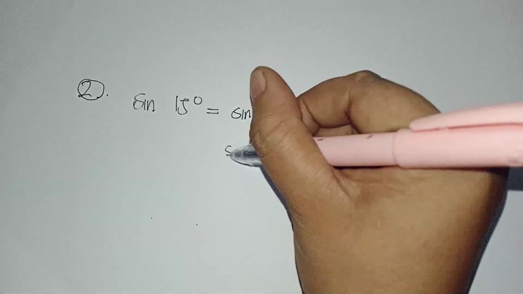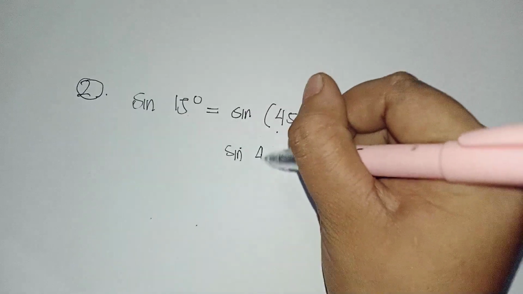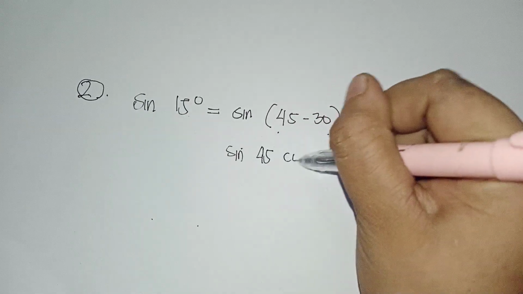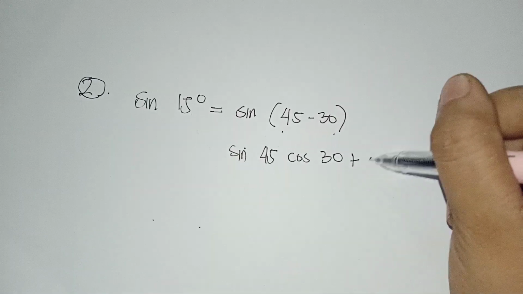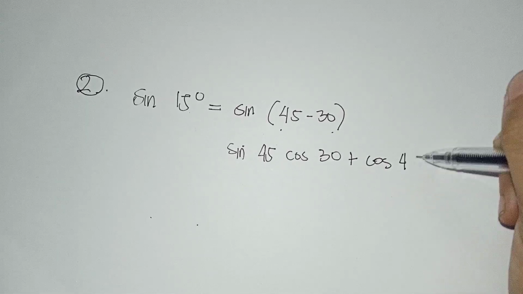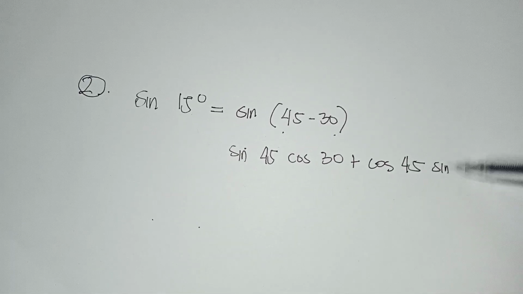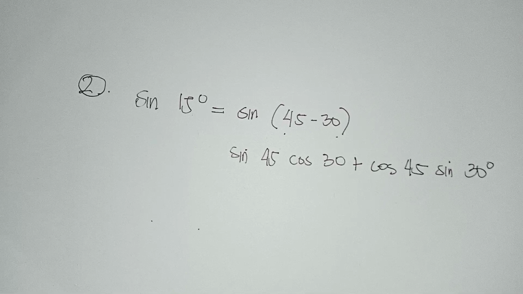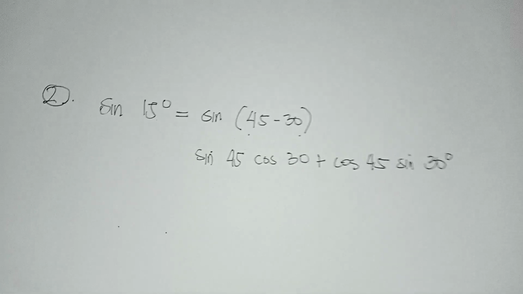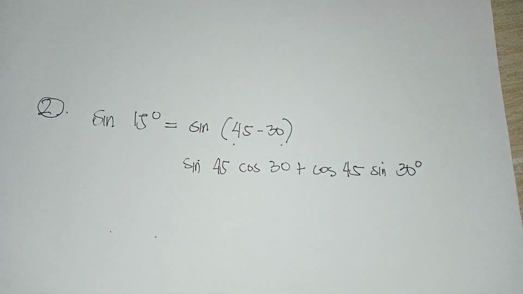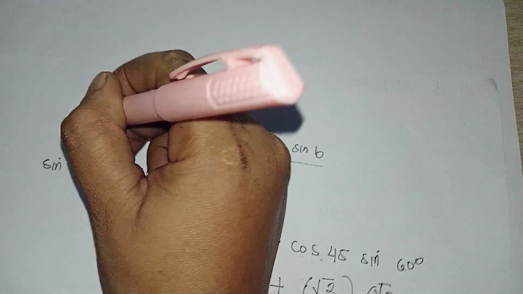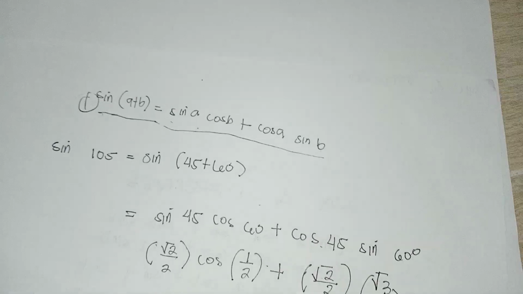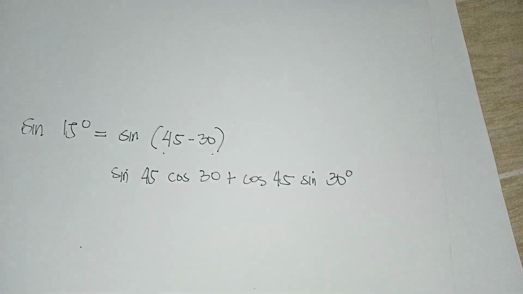So, we have now sine 45 cos 30 minus cos 45 sin 30 degrees. The formula that I use is like the first problem. This is the formula for sine of A minus B.